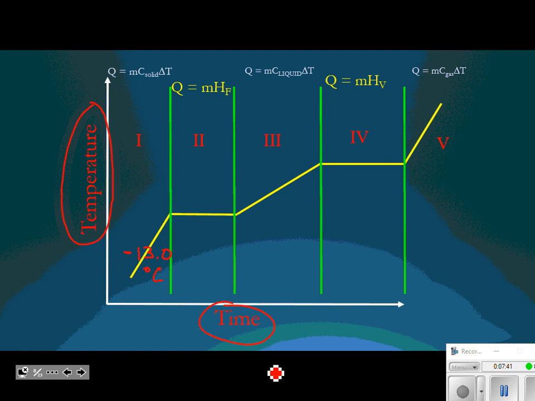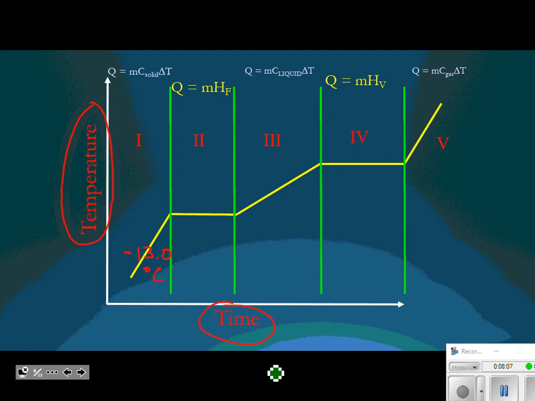Okay, so area number 1 is going to be at negative 13 degrees Celsius. Now, how do I know that? Well, I know that when I have a phase change, when I'm going from a solid to a liquid, I have that plateau. And this is the same plateau that we're seeing right here in area 2.